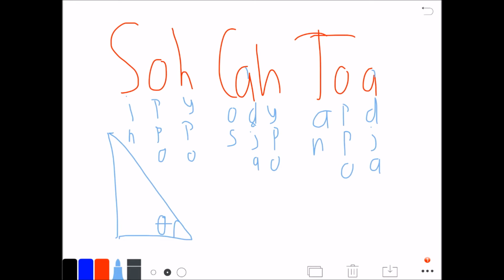I'll call this A for adjacent, O for opposite. So where would the hypotenuse be? Well, it would be right here, since the hypotenuse always correlates to the 90-degree angle. So this is H. And no matter what angle it is in this triangle, the hypotenuse is still going to be the same place, right here.